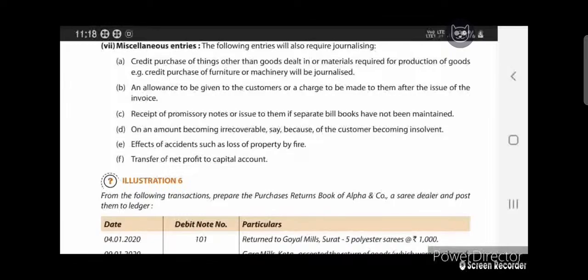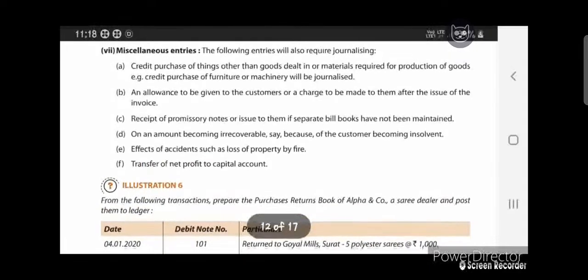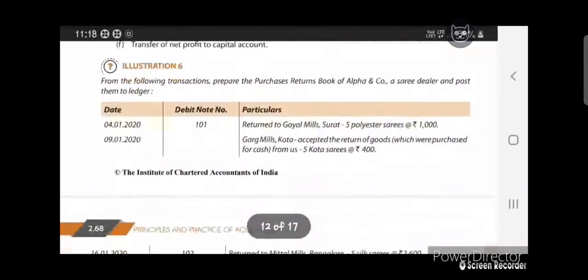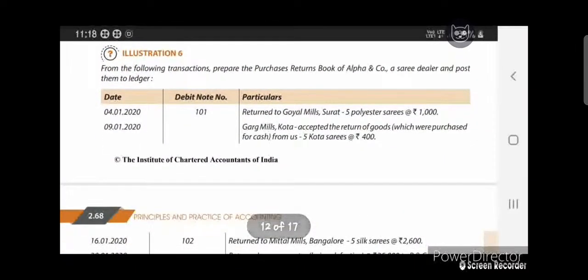The following entries will also require journalizing.